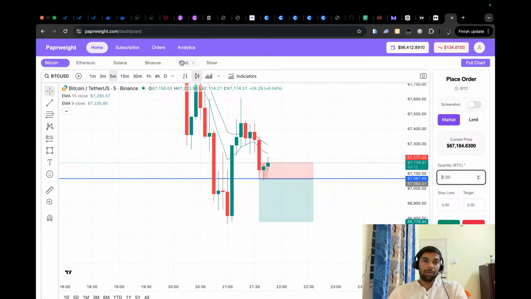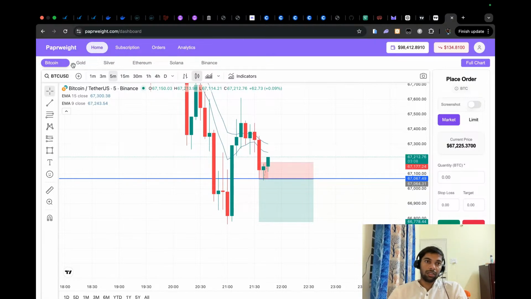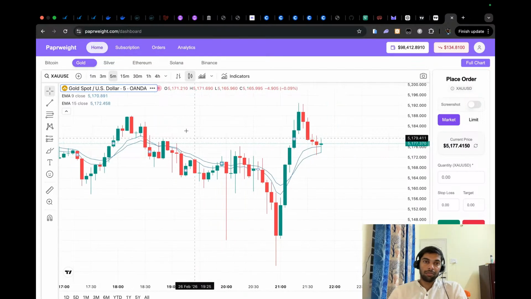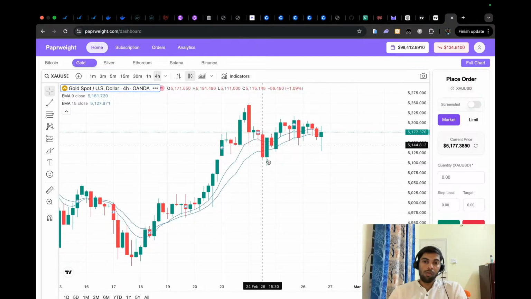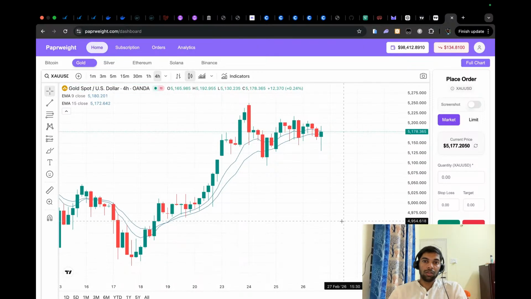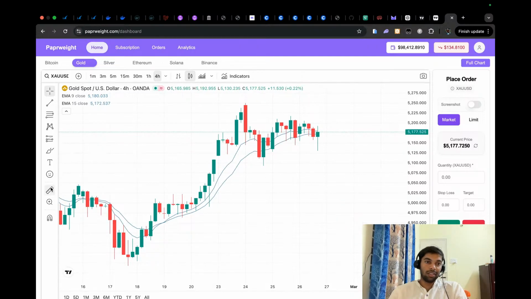Let's see what is happening at gold. I'm just putting gold and silver side by side. At the 4 hour interval, you can see gold is in a super steady state, or in a consolidation phase.